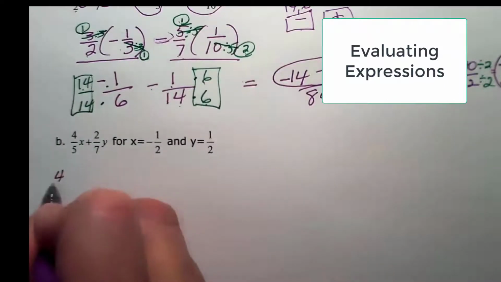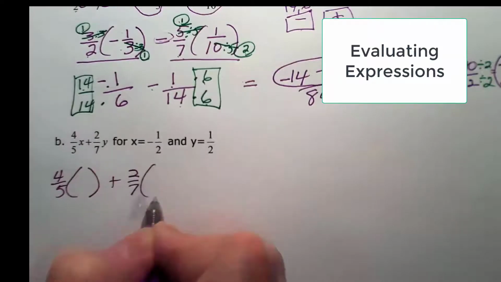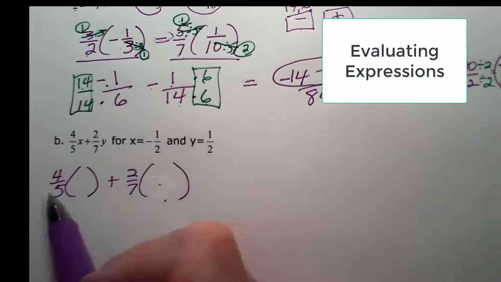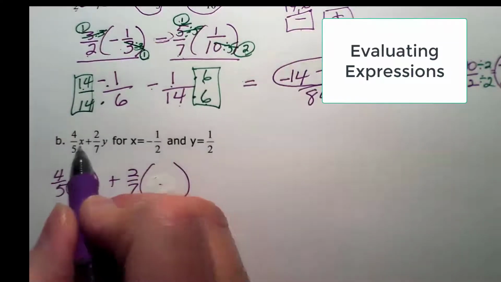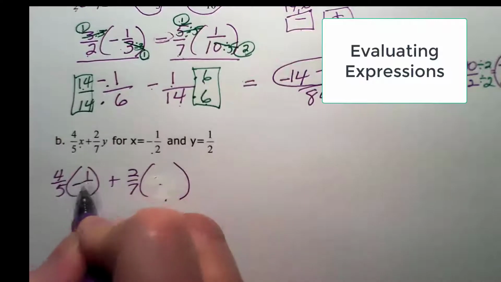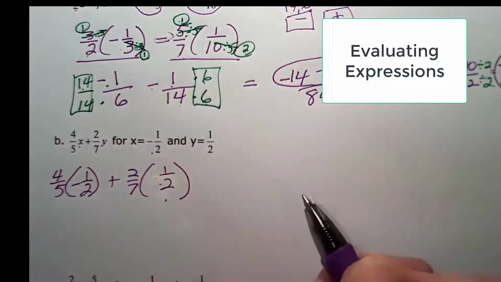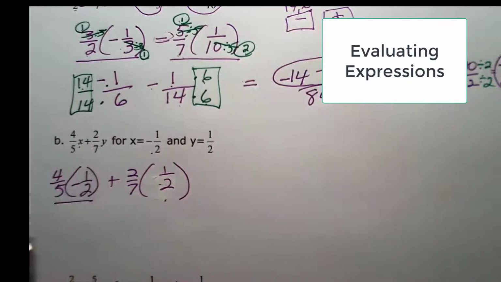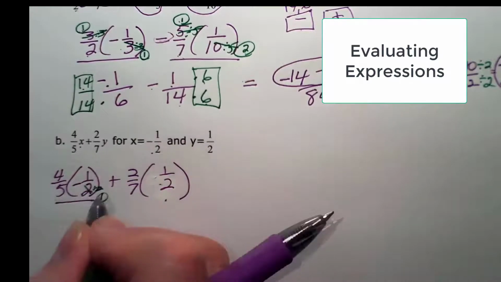So here I have 4/5 times x plus 2/7 times y. Whoops, I didn't want that y in there. So I have 4/5 times x plus 2/7 times y. X is negative 1/2. Y is positive 1/2. So first I'm going to multiply. I can reduce ahead of time if I divide by 2 and get 1.